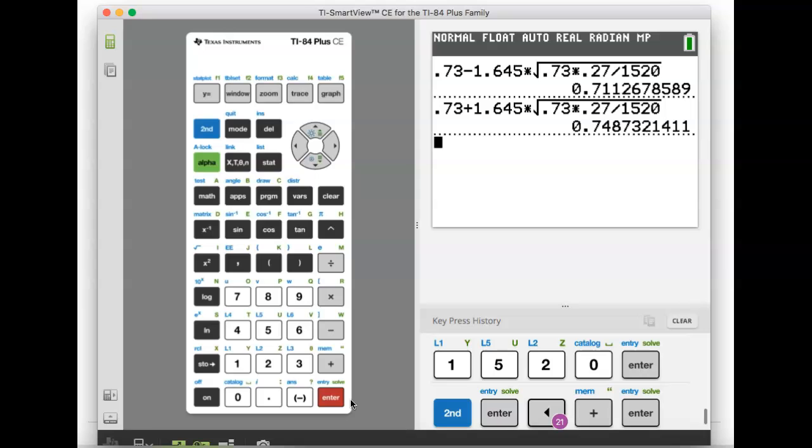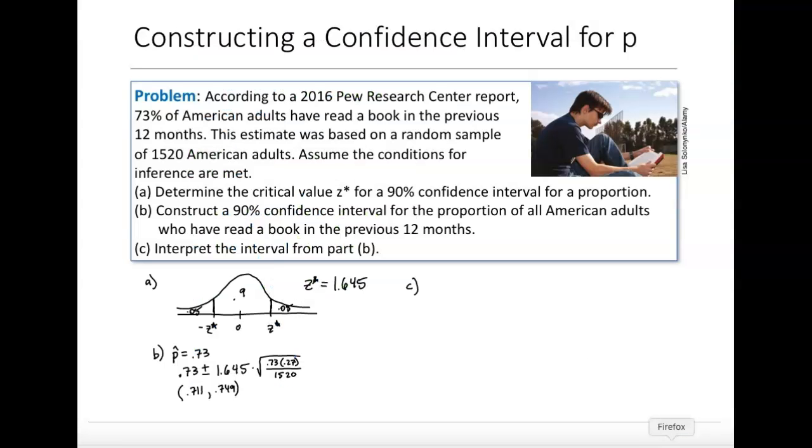So 0.749. Okay. So our confidence interval is 0.711 to 0.749.